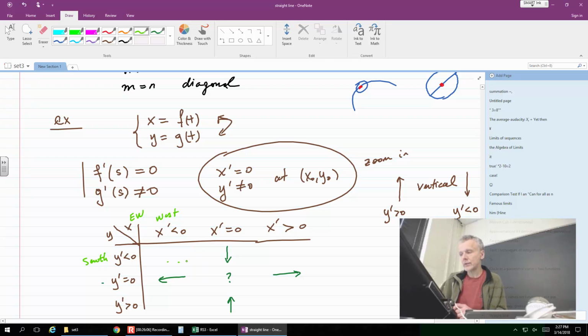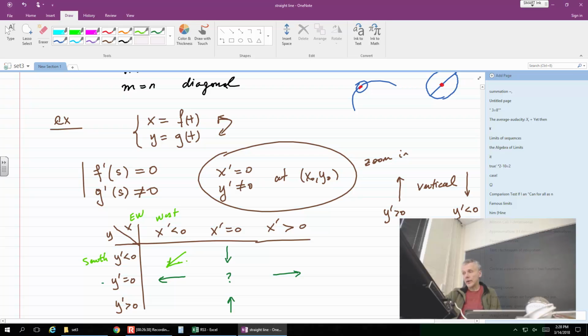Right, so this is the cell I'm investigating, and I'm just looking at x prime, and once again it indicates we're moving to our left, west, and at the same time y prime is negative, so we're moving south, and altogether we're moving southwest. Like this. Okay, so in the same exact manner, I could add the missing arrows.